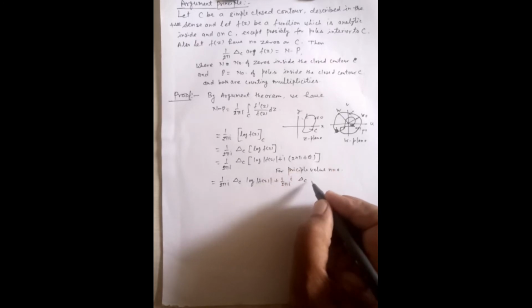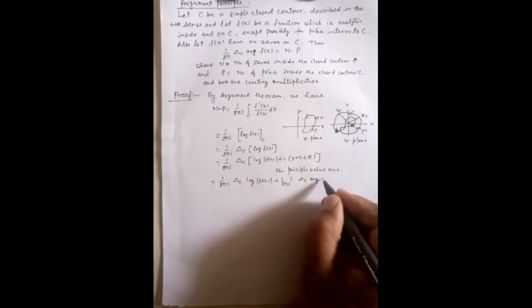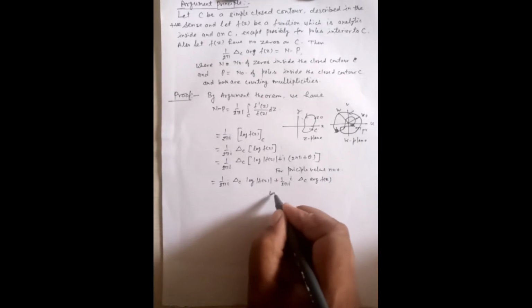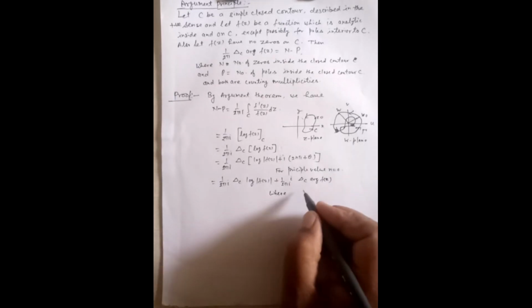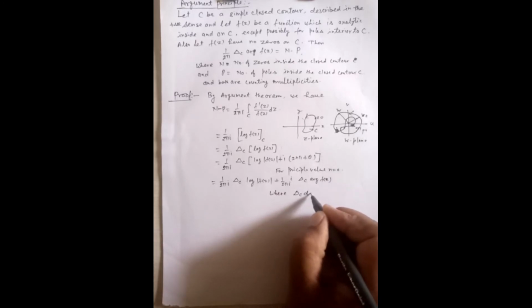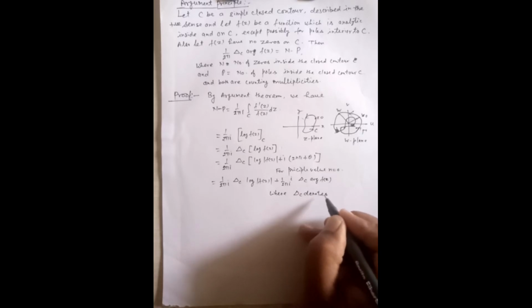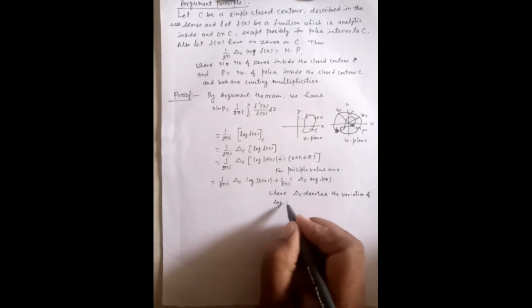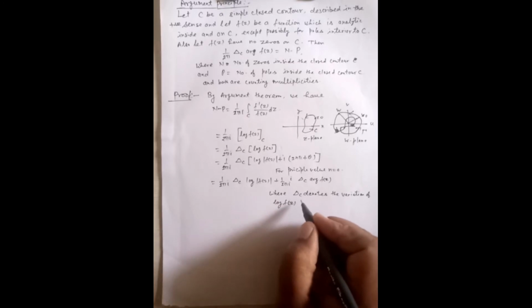So here theta means the argument of f(z), where delta C denotes the variation of log of f(z) round the contour C.